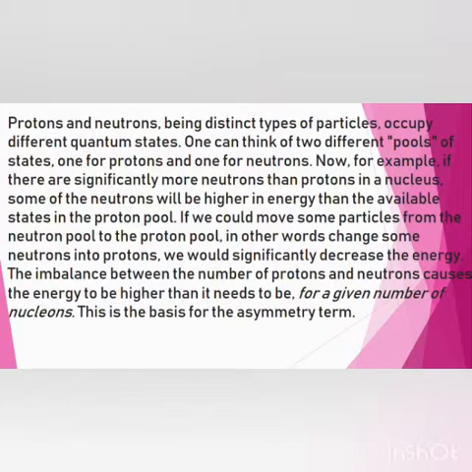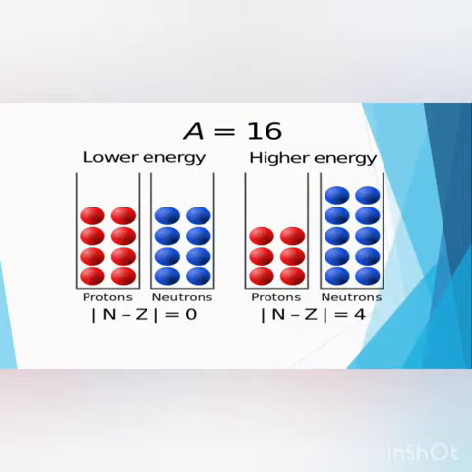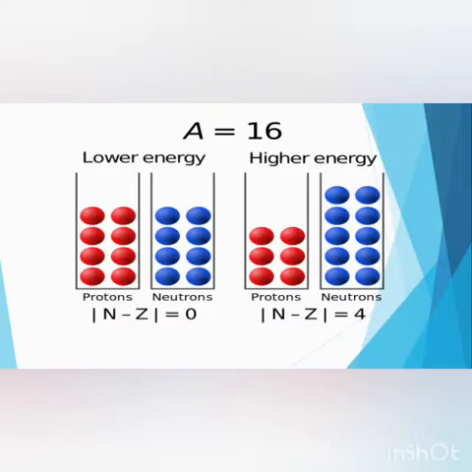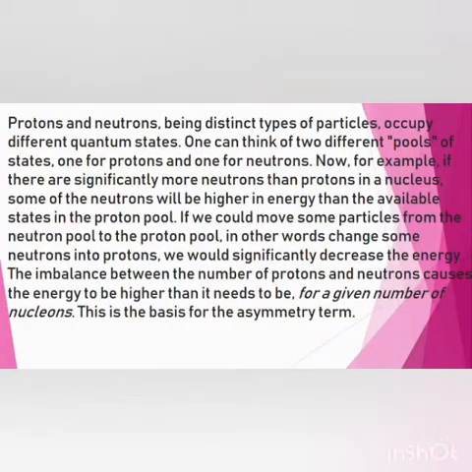Protons and neutrons, being distinct types of particles, occupy different quantum states. One can think of two different pools of states, one for protons and one for neutrons, as shown in the figure. Now, for example, if there are significantly more neutrons than protons in a nucleus, as in the first case, some of the neutrons will be higher in energy than the available states in the proton pool.